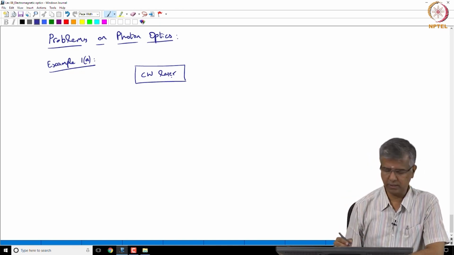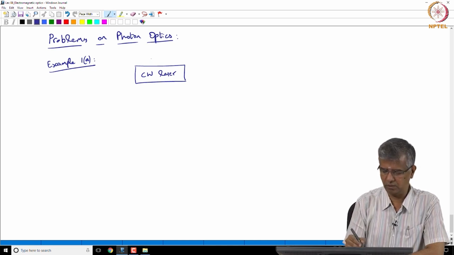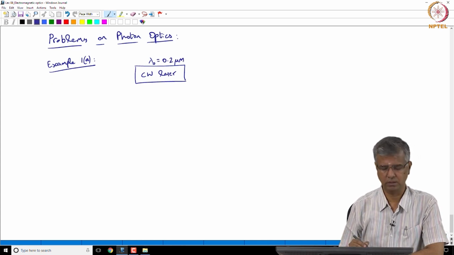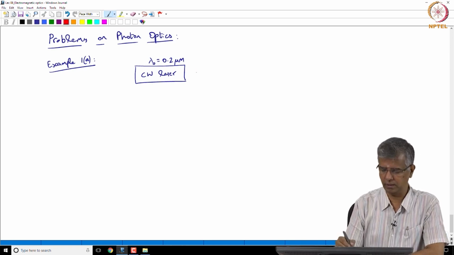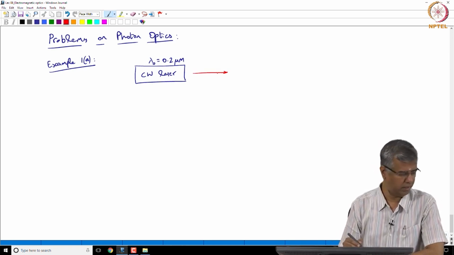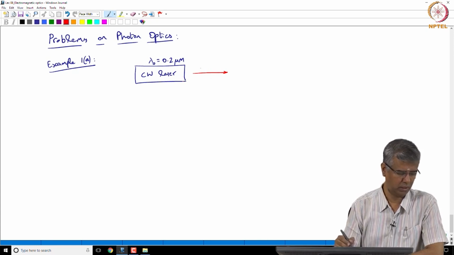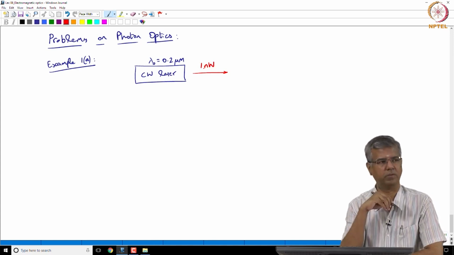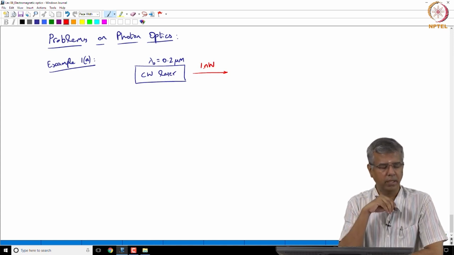So you are told that this continuous wave laser has a wavelength of 0.2 microns, and it's emitting radiation which corresponds to 1 nanowatt of power.